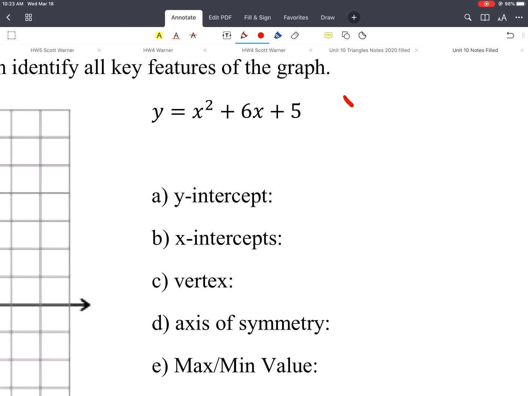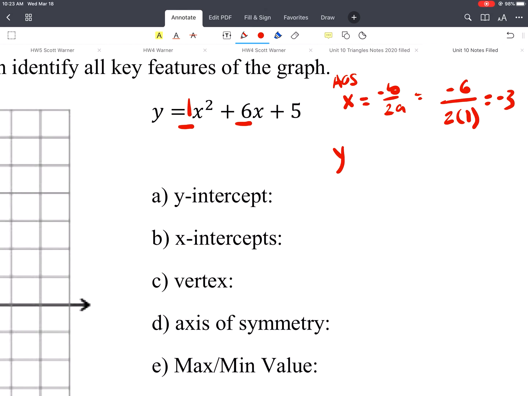So first we'll want to find the x value for our vertex, which is negative b over 2a. And again, this is also the axis of symmetry. So b is 6, so we'll do negative 6 over 2 times a, or a is 1. So that gives us negative 3.